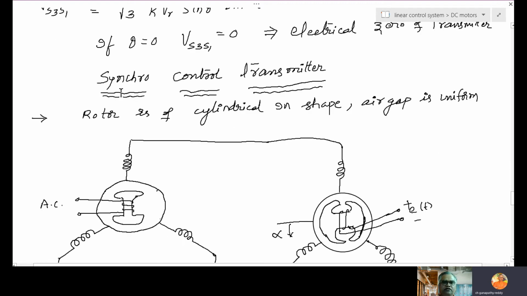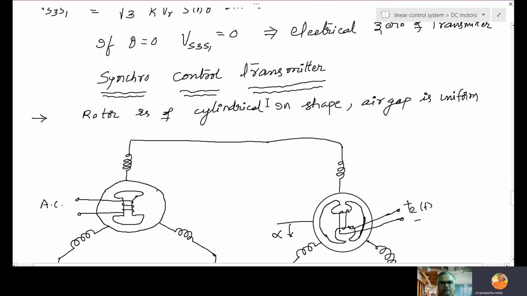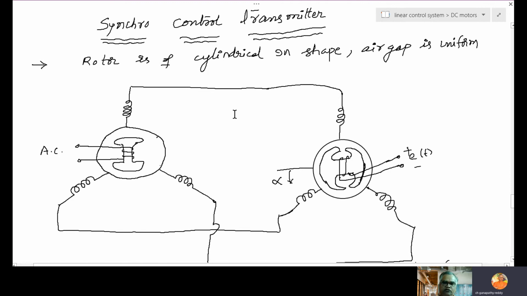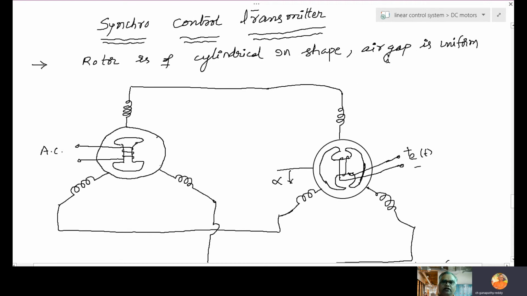Next, the synchro control transmitter. Together this is called a pair, and the rotor is cylindrical in shape. The air gap is uniform. Look at this one: the air gap is uniform, whereas here the air gap is not uniform. The synchro control transmitter is this.